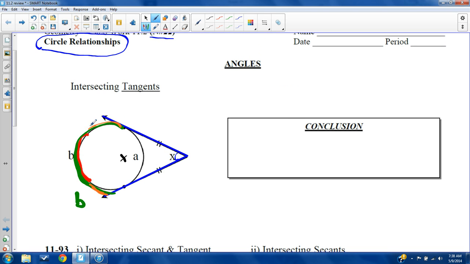The answer is this entire bit is the same as this measure right here, A. A is the exact same as this orange part.